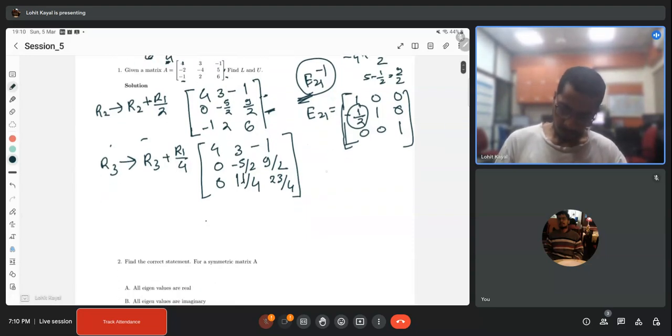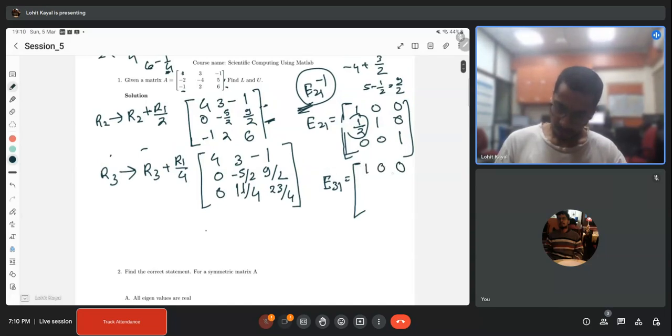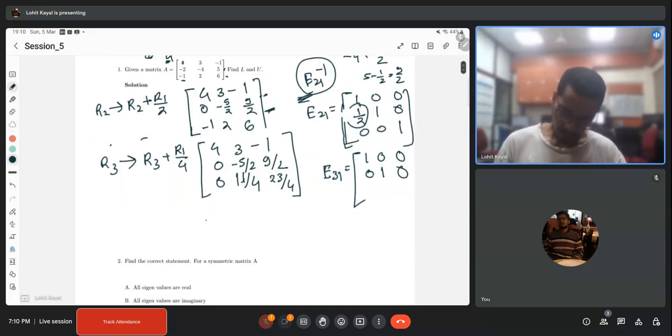And the corresponding matrix E31 will be just similar to this one, but the half will not be there. So it will be 1 0 0, because the first row is kept intact. The second row will also be kept intact, that is 0 1 0, and the third row will be, since I am multiplying the first row with 1 by 4, 1 by 4 will come here, then the second entry will not change, then it is 1.